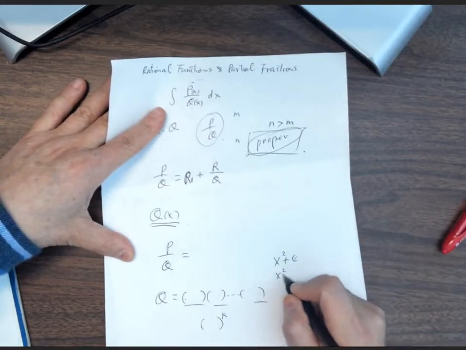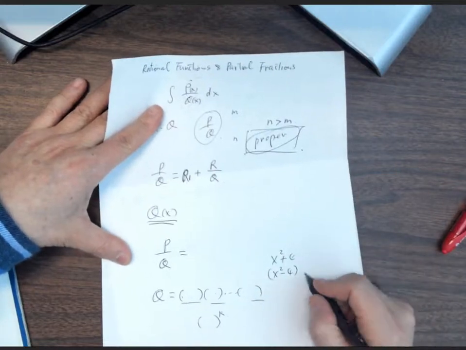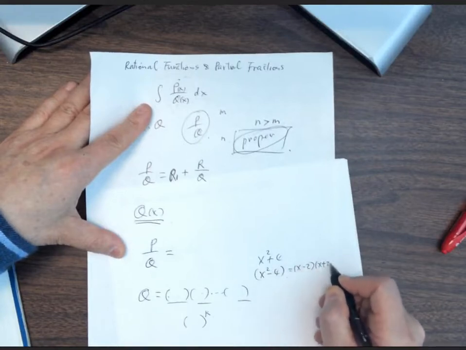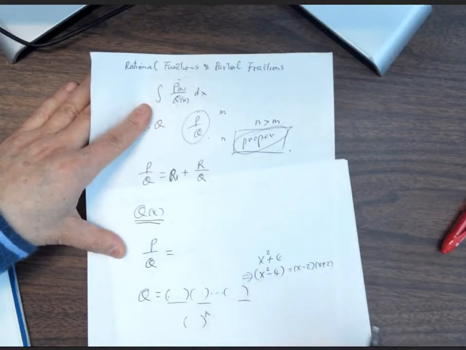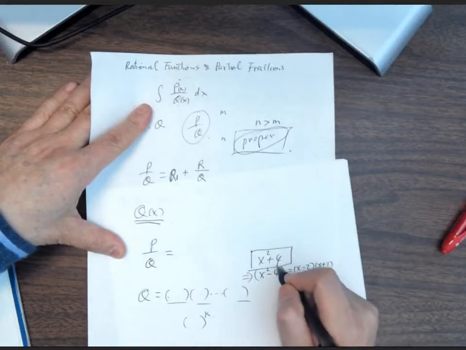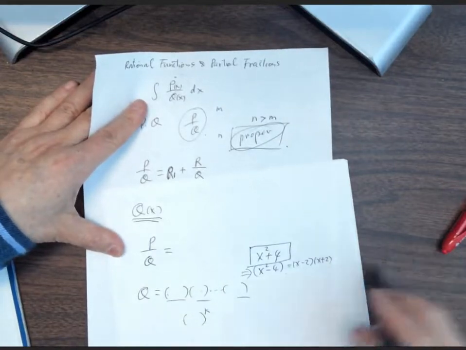Or sometimes you see second order that's actually not second order. In this case, you could continue to factor. So we're not talking about this kind of second order. We're talking about irreducible, impossible to factor, to further reduce.